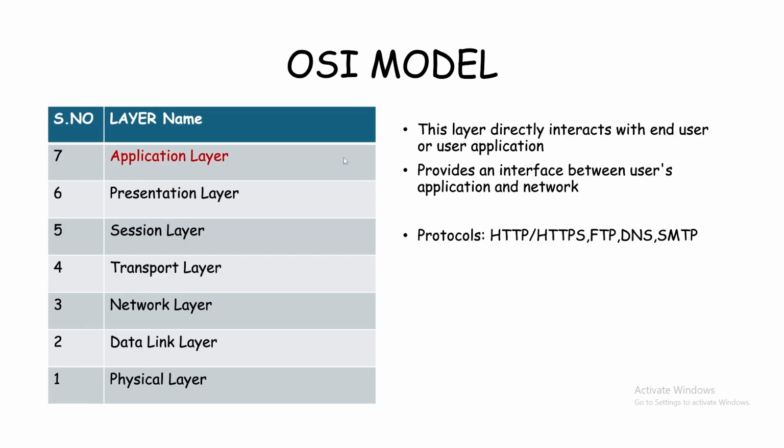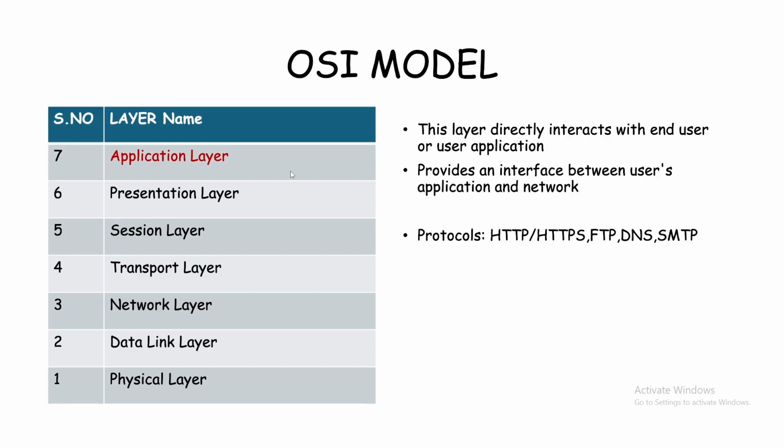The request will move through the OSI layers to reach the server. Then the web page will respond and travel back up through the layers to the browser, and it will display it to you. So at the application layer, the end user can directly interact with the browser.